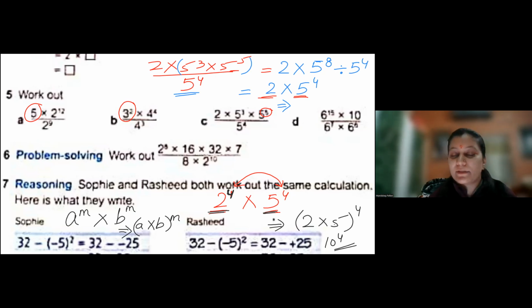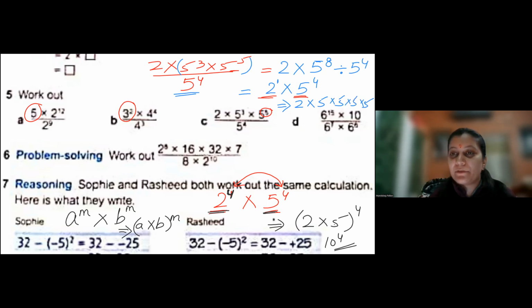Now in this expression that we have, bases are also different, 2 and 5, powers are also different, 1 and 4, isn't it? So we don't have any option other than just finding the product. 2 multiplied by 5 4 times.